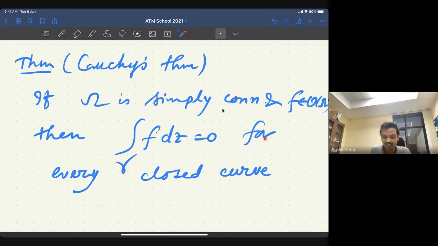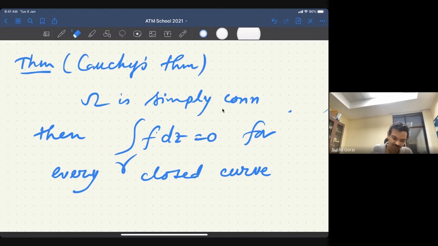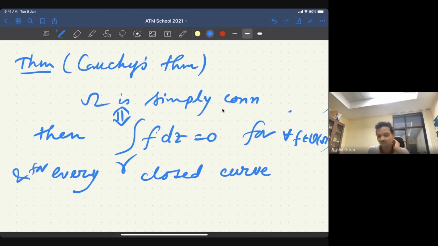So this is actually: omega is simply connected if and only if the integration is 0, for all f holomorphic in omega and for every closed curve gamma in omega. All right.